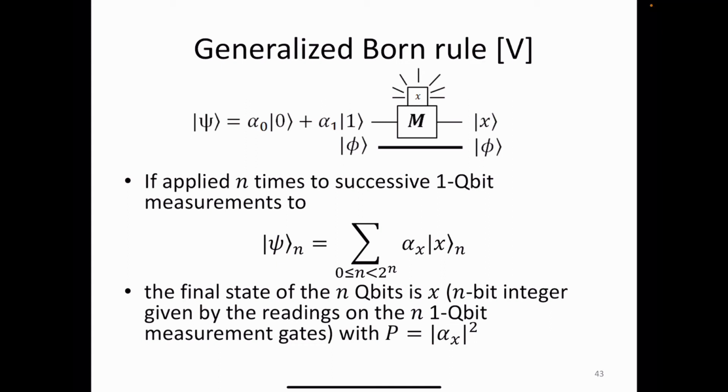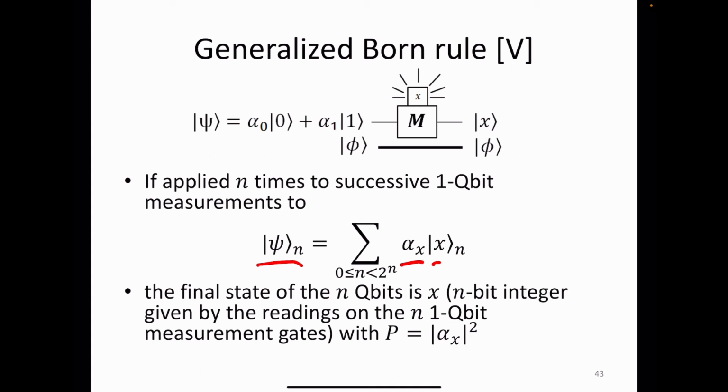So here we can apply a measurement n times to successive 1 qubits. If that's given by psi sub n, then we will get for all the possible states, again, the probability squared for that specific, a very specific state. And the final state of these n qubits is x, which is one definite state.